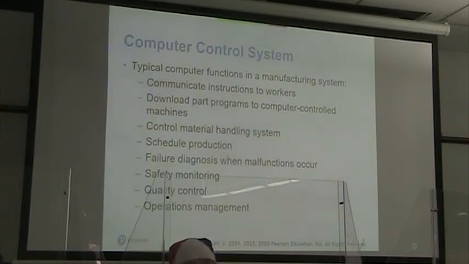All right, so as I said earlier, it's very unusual not to have computers involved in putting together our manufacturing processes.